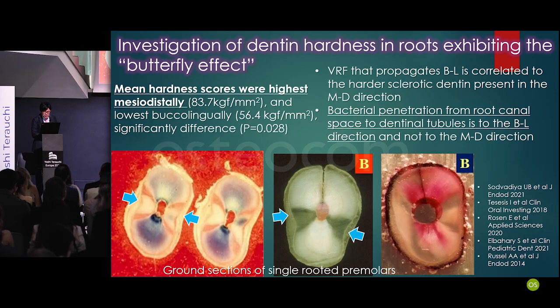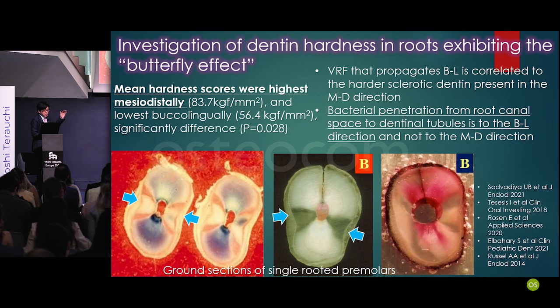And actually, you see sometimes butterfly effect. So you see, this looks like a butterfly. You see more hardness from medial to distal direction. So mean hardness scores were highest medial distally.